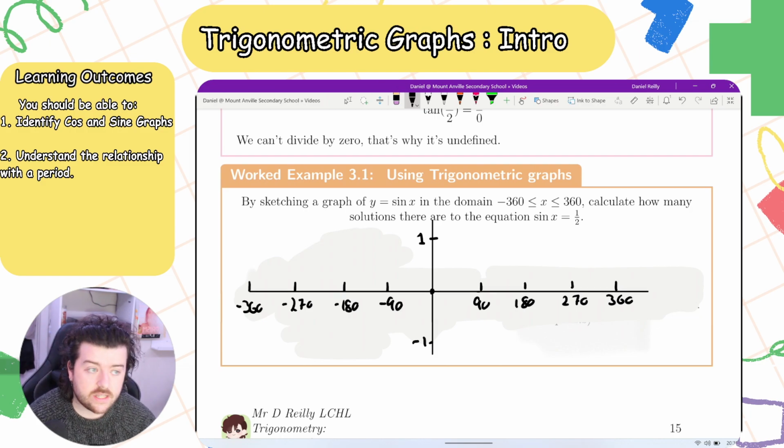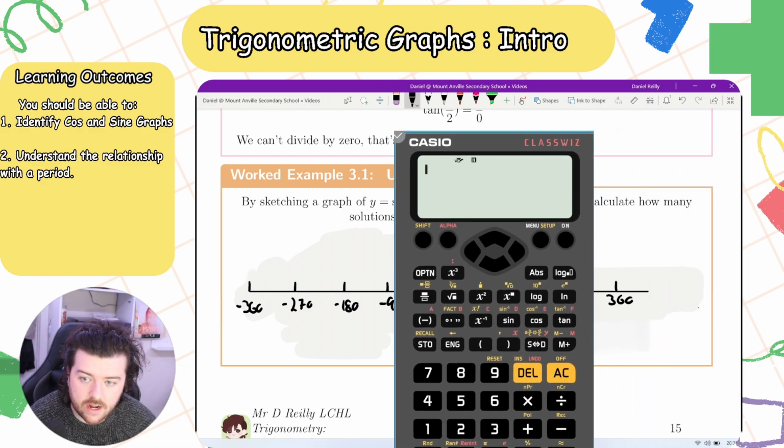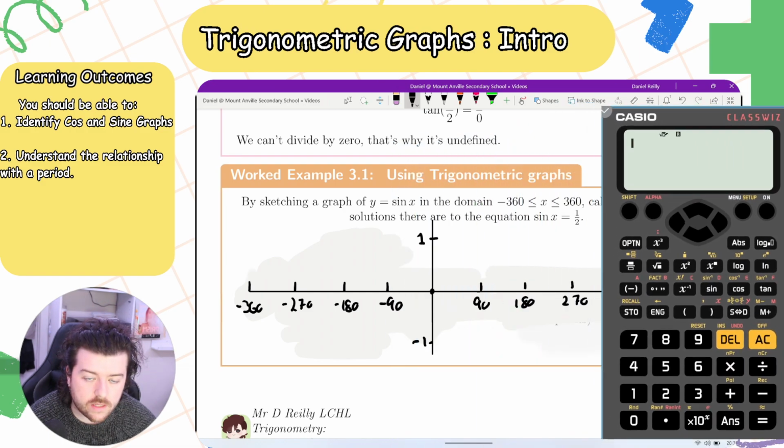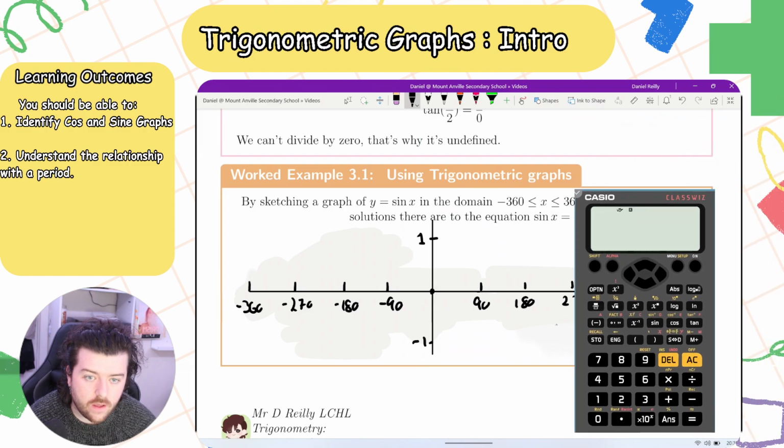So let's sketch this graph using my calculator. Here's my calculator. Really important, you need to make sure that your calculator is in the correct mode. If you can see here, this calculator has an R on it. Let me zoom in.